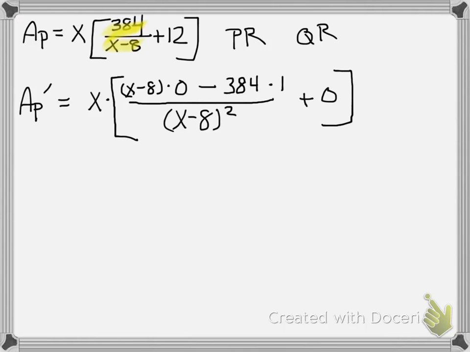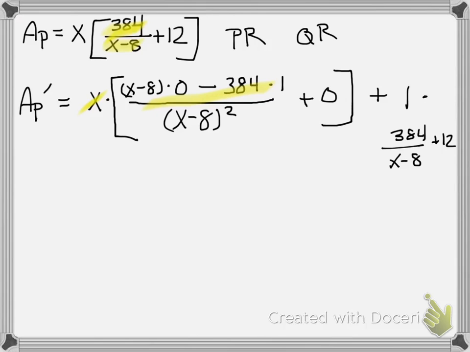And then that is going to be our first part of the product rule, which says that we take the first times the derivative of the second, plus the derivative of the first, which is just 1, times the second, which was 384. Sorry, I ran out of room. Over x minus 8 plus 12.